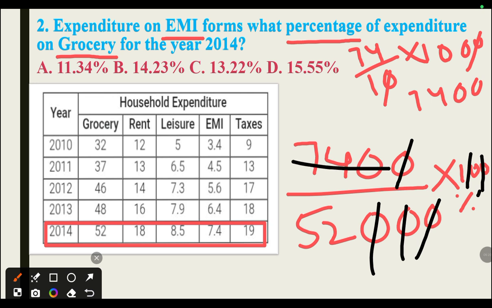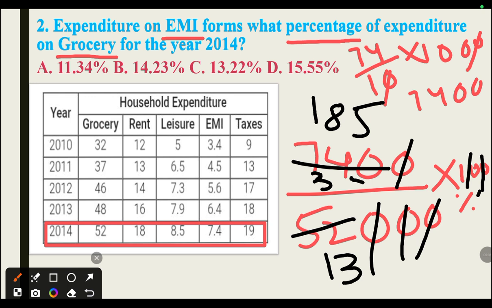Next we will divide this with 4. 4 ones are 4 and the remaining would be 3. 4 eights are 32 and the remainder would be 2 here. So I'll write it as 5 directly, and 4 13s are 52. So the rest of my answer would be 185 by 13 that I have to divide.